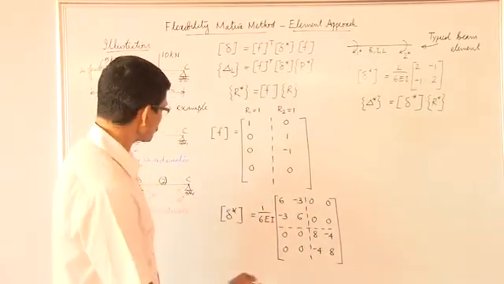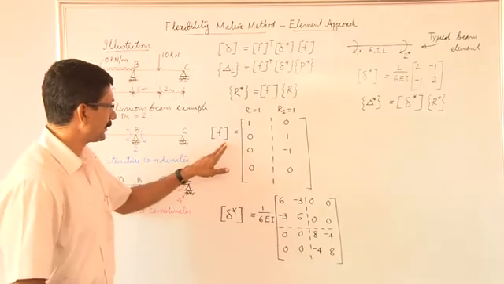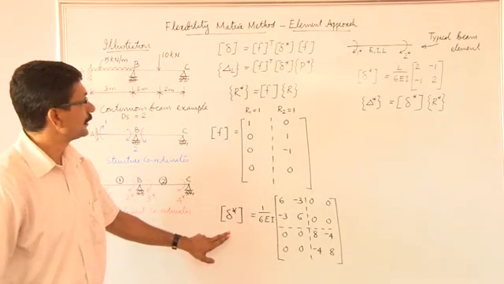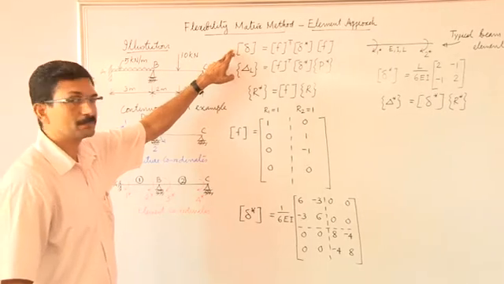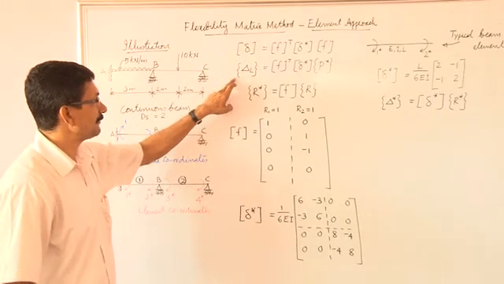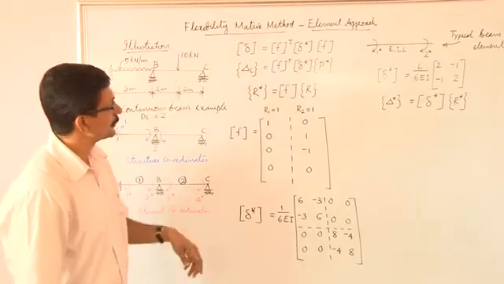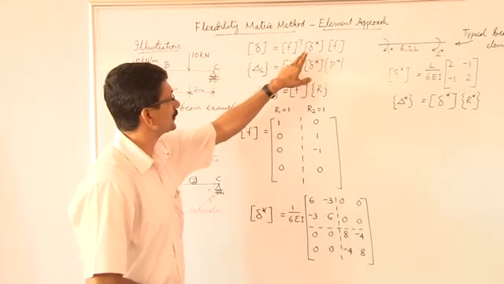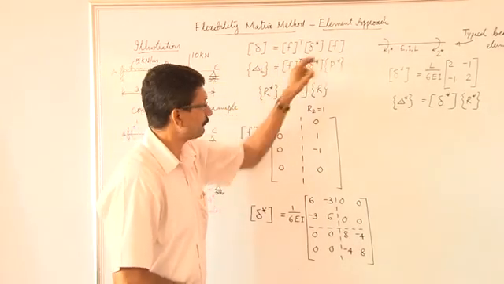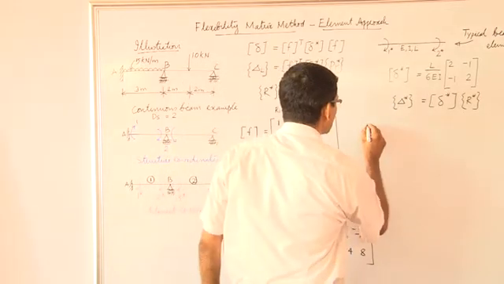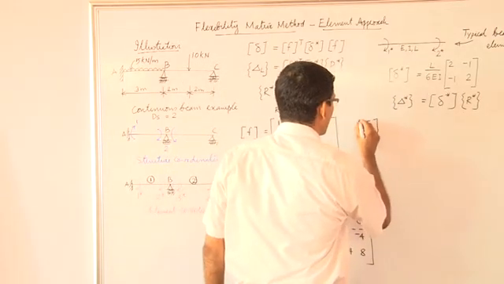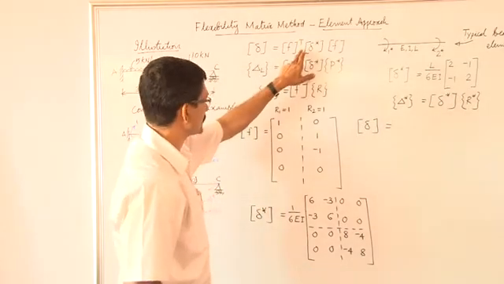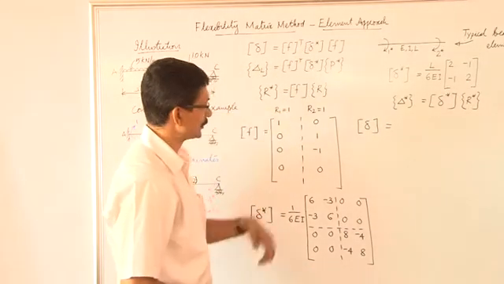Now further, we have the force transformation matrix and the element flexibility matrix available. Now we can find out the delta matrix and delta L vector straight away through calculation. So if you do this, delta is equal to F transpose delta star into F. We know that the transpose of a matrix is just interchanging the rows and columns.